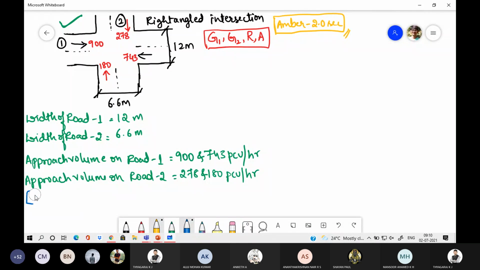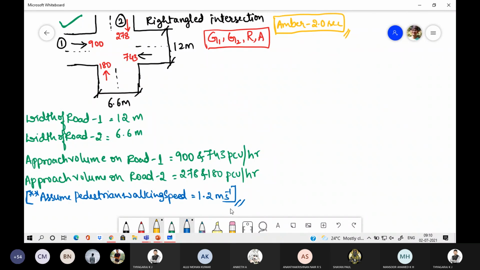Very important thing you have to assume: pedestrian walking speed is equal to 1.2 meter per second.